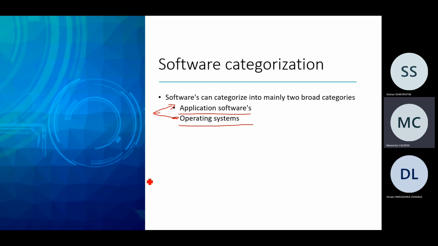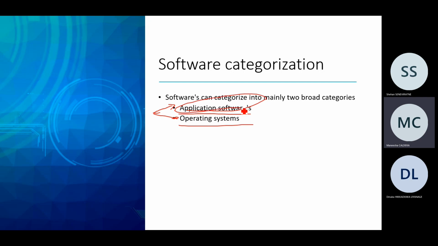Mainly the operating system performs this controlling part, managing resources and so on. The operating system is the major component that you need to understand, but to work on this operating system, to get a fruitful output, we need to use many application softwares.